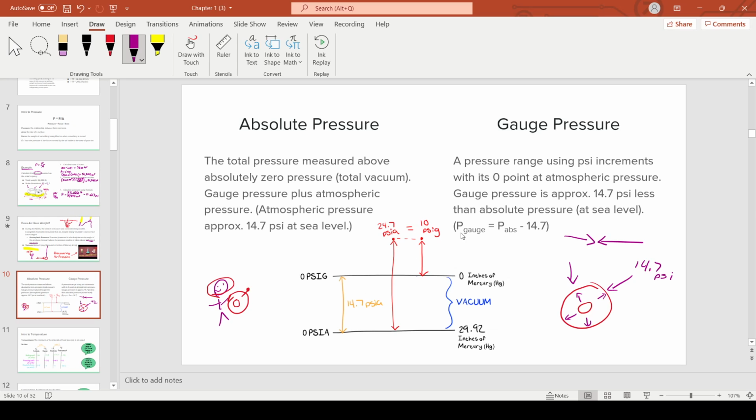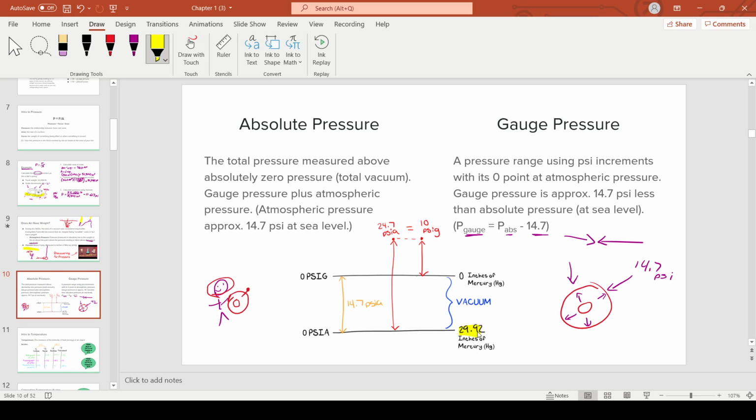So gauge pressure equals absolute pressure minus 14.7, sorry. Right? So a way to visualize this is if you draw two lines. I still draw this on every test I take that I have to do pressure calculations because it helps you visualize it and you can see it easier, okay?